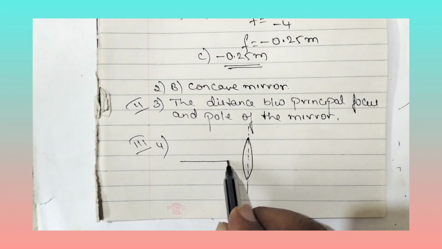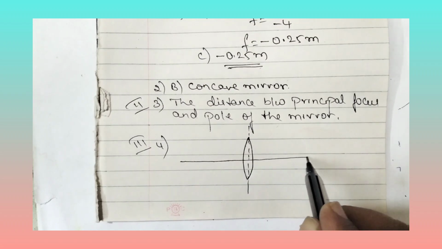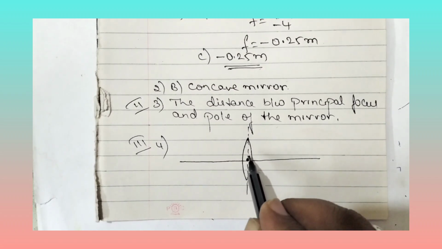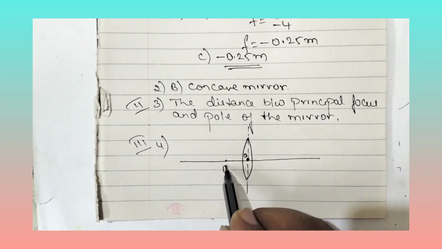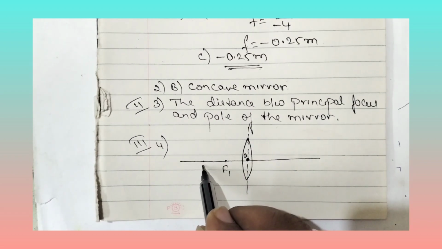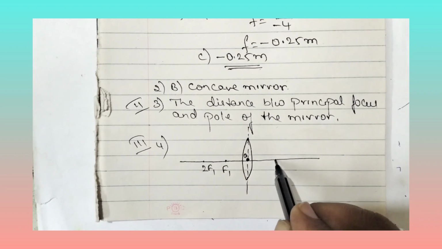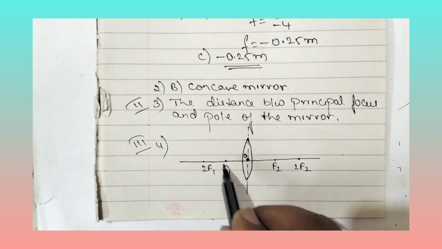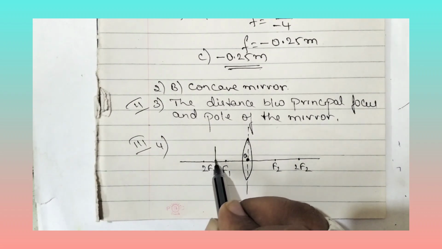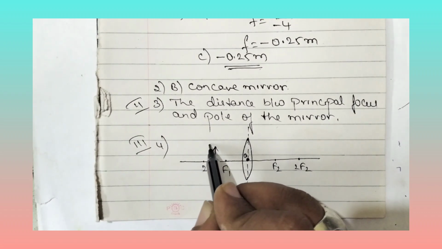So this is what we call the principal axis. You should draw using a scale and pencil. This is optic center. This is f1 and this is 2f1. This is f2 and this is 2f2. Now the object is placed between f1 and 2f1.